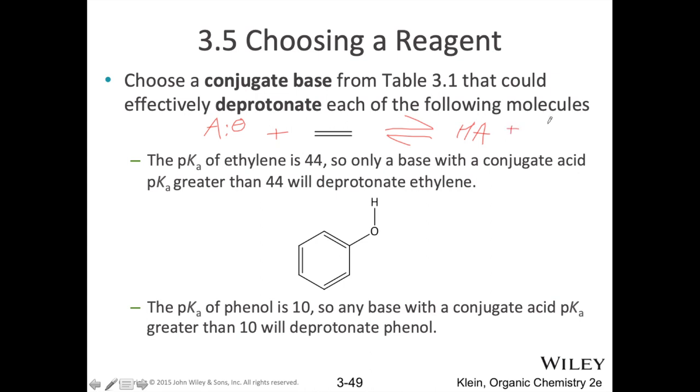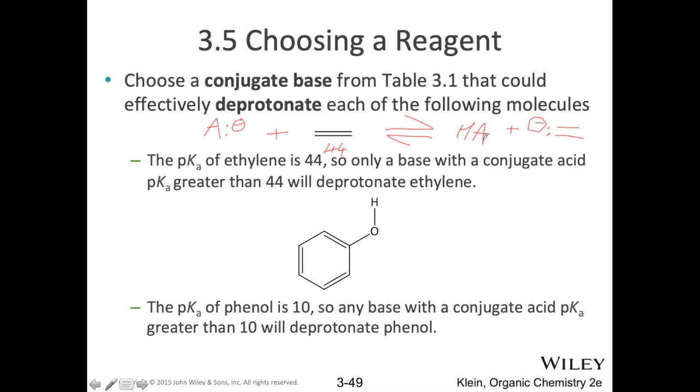Okay. Right. So if this is a pKa of 44, I need this to be a pKa greater than 44. Well, what have we seen that has a pKa greater than 44?